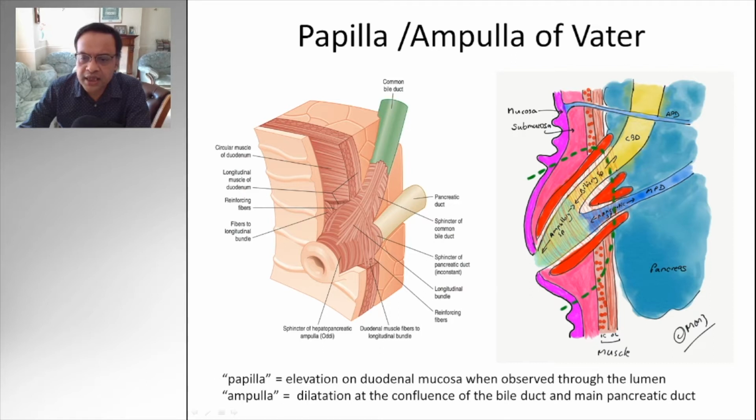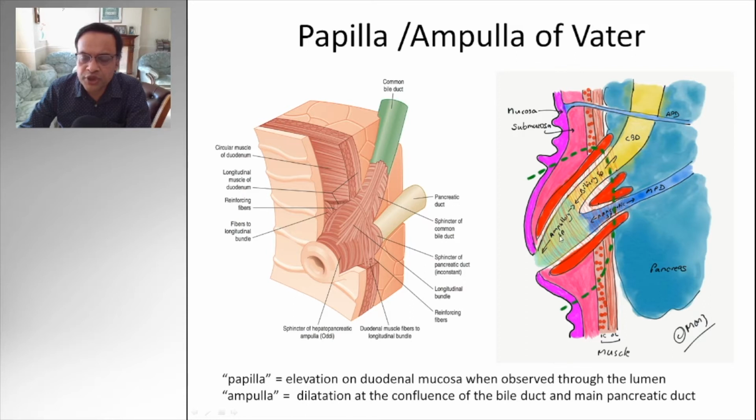In contrast, the ampulla is the dilatation at the confluence of the bile duct and the main pancreatic duct. It is found within the papilla, and normally we cannot see it when we do ERCP. The boundaries of the papilla are shown by this dotted green line.